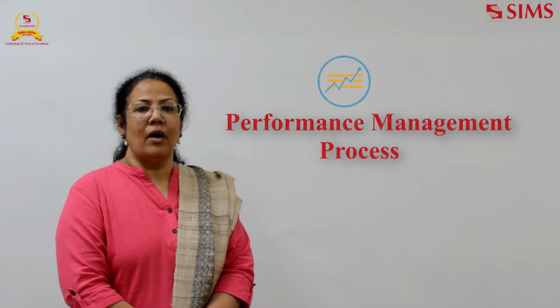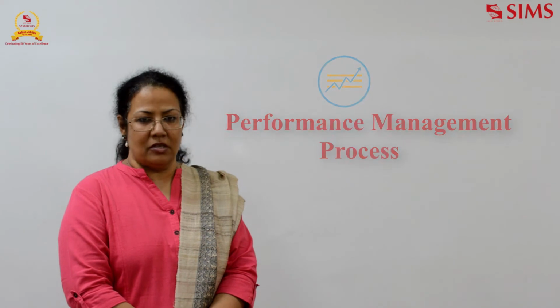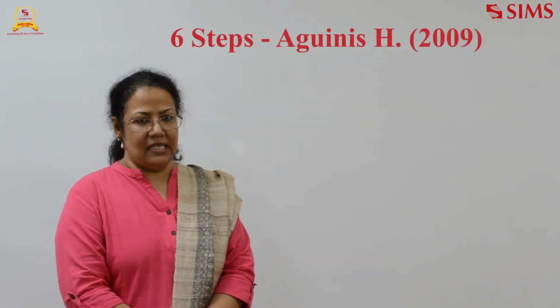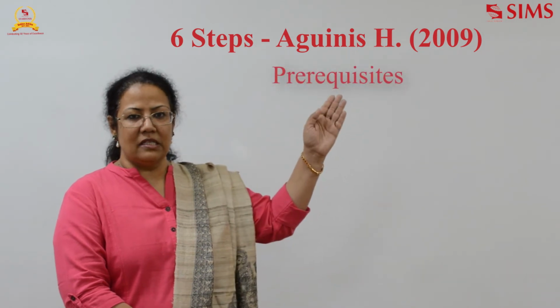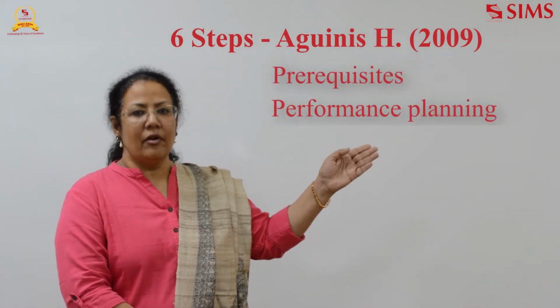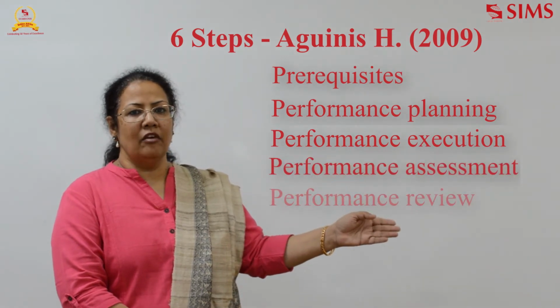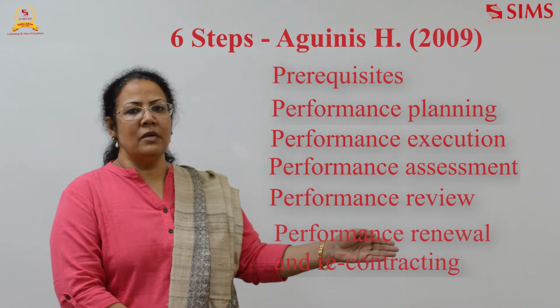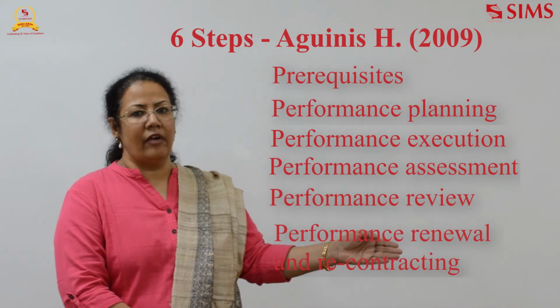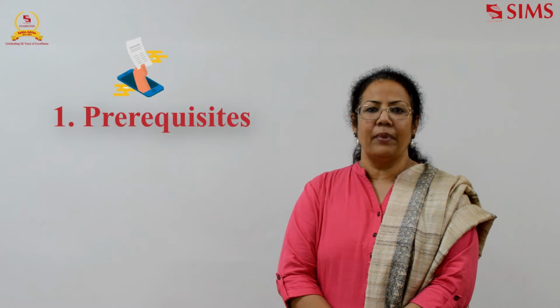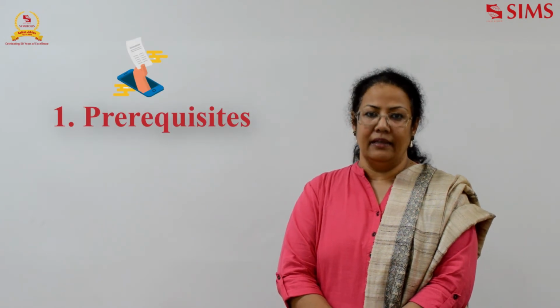Now we will be talking about the performance management process. This process has 6 steps: prerequisites, performance planning, performance execution, performance assessment, performance review, and performance renewal and recontracting. So for the process of performance management, the first step is about some prerequisites which have to be there.